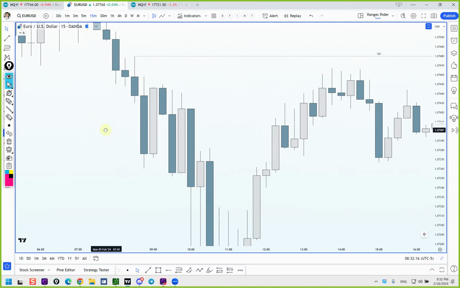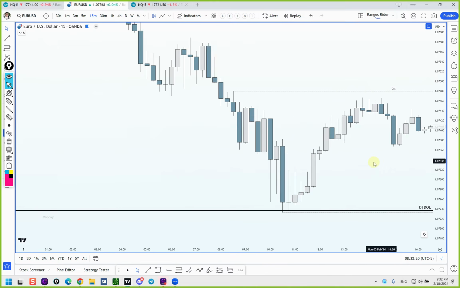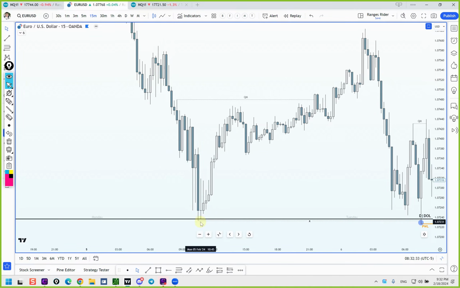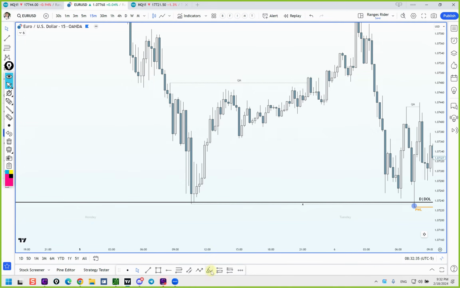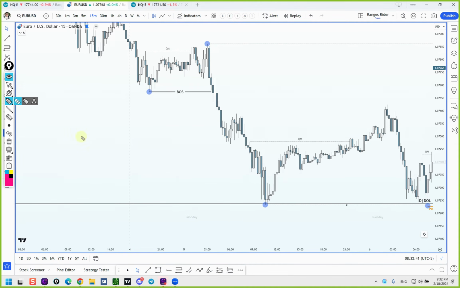Then we are looking for the liquidity grab, which is also taken out. The third point is that the market needs to take the valid pullback high. In this case, this valid pullback is taken out. So we have the QM here.